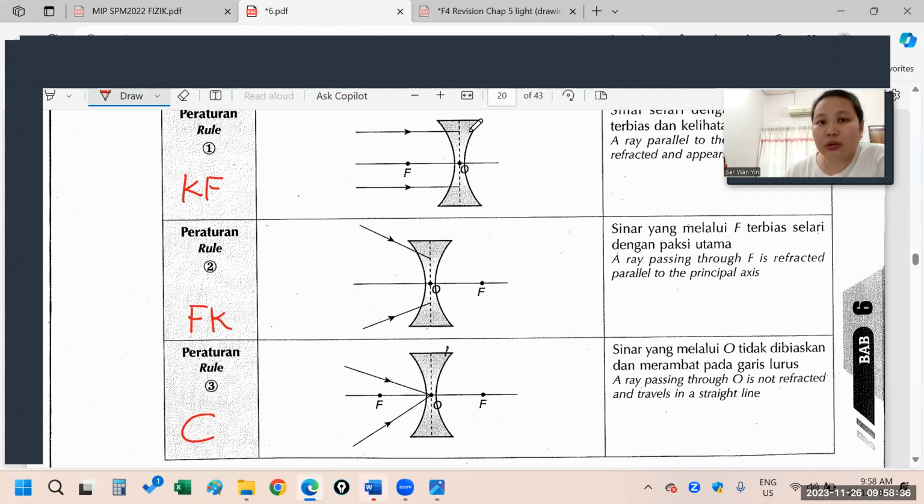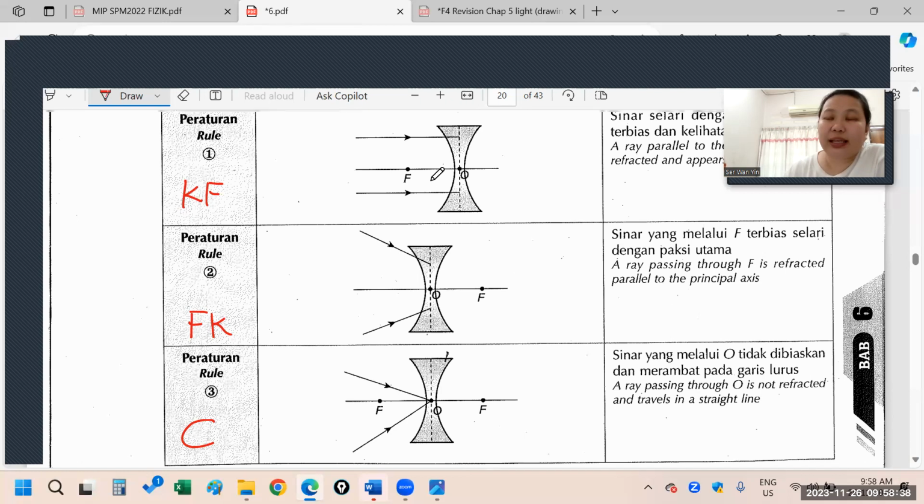Okay, so but now concave lens, it will diverge. How much it will diverge? What is the angle it diverges? Depends on the focal length before or in front of the lens, right? So we use the focal point before, negative f, to determine what is the angle it diverges.